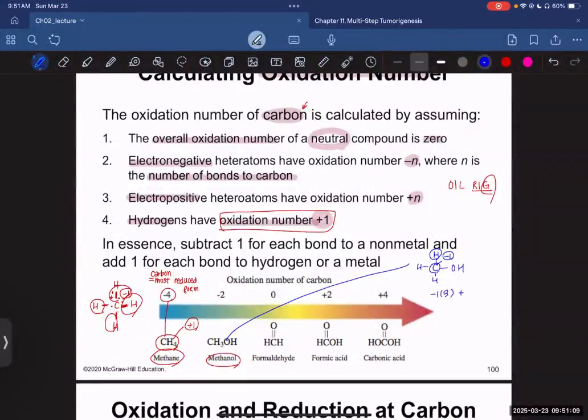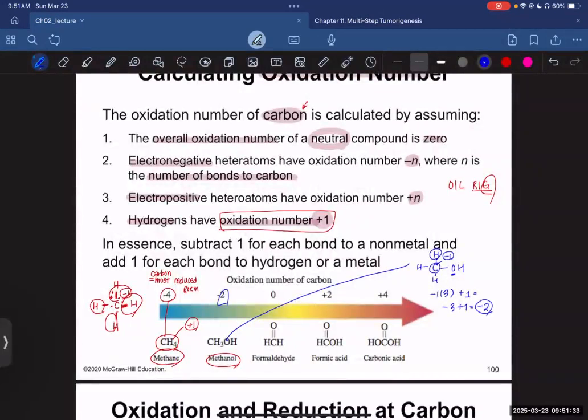But now it's also bonded to oxygen, which is more electronegative than the carbon. And that's why we're now going to have +1 given off due to the bonding to oxygen, which means it's -3 plus 1, giving us the oxidation number of -2.